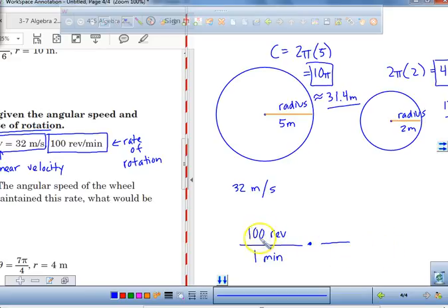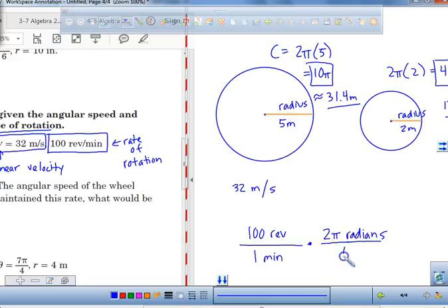Now, what's 1 revolution equal to every single time? 1 revolution is equal to 2 times pi radians. 2 pi radians, everybody. And right now, I want to convert this from minutes to what? Minutes to seconds.